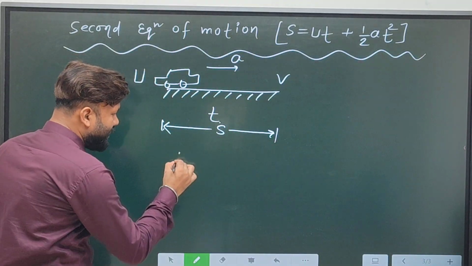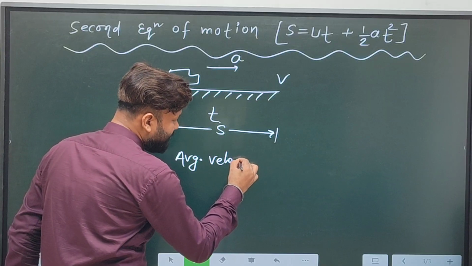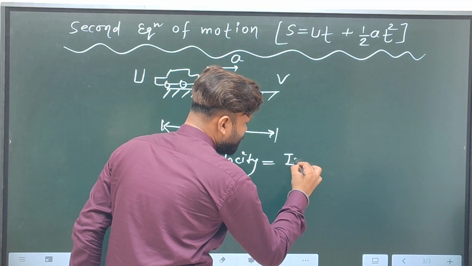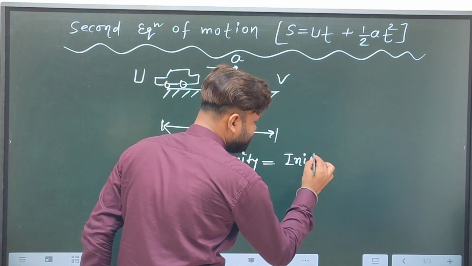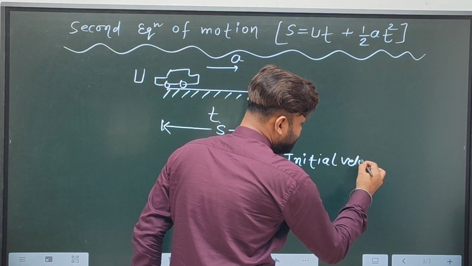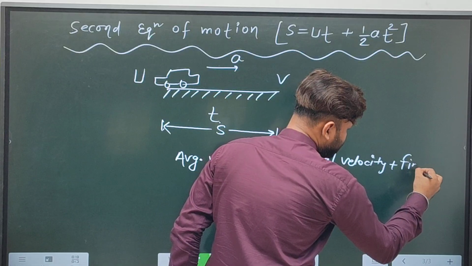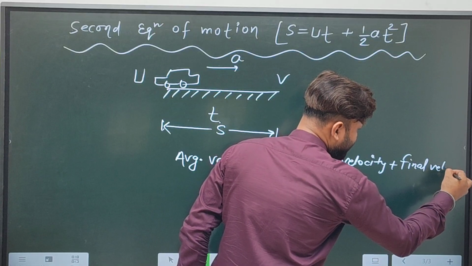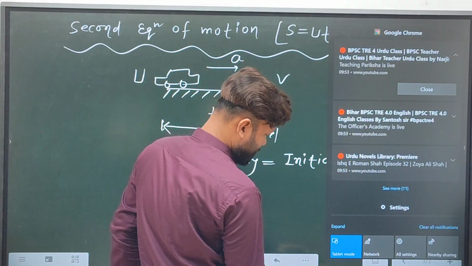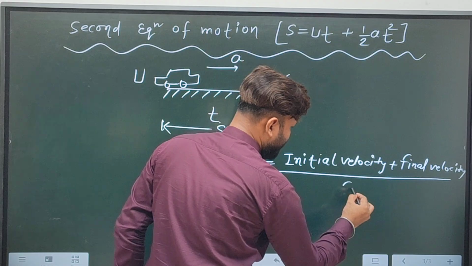Now students, we have learned in the previous classes average velocity. Average velocity, that is initial velocity plus final velocity divided by 2.